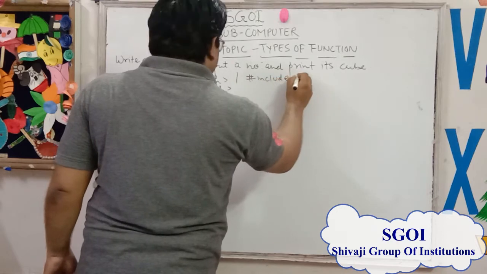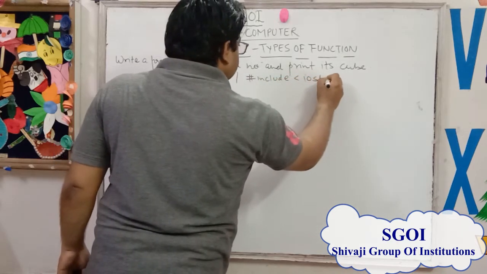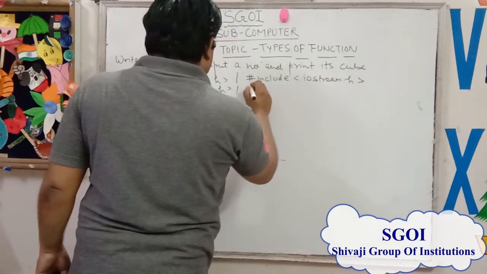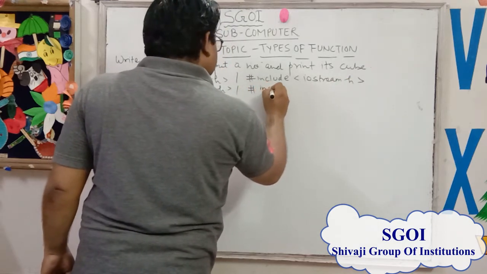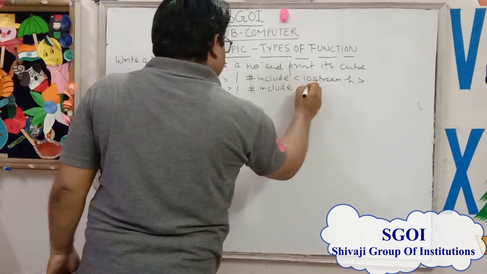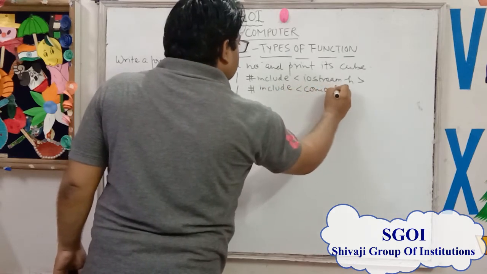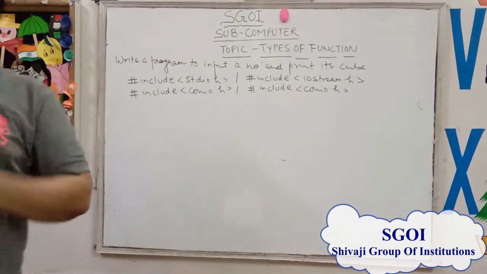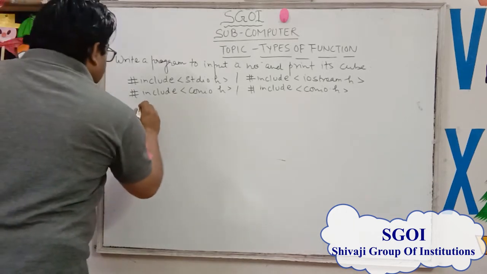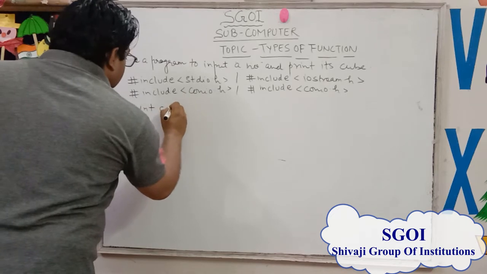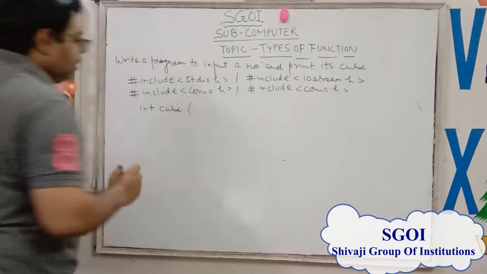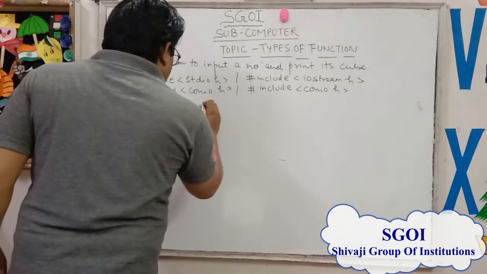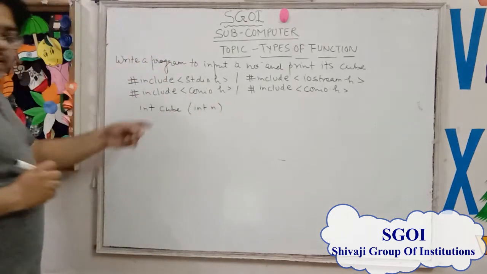If we want this program in C++, then we use iostream.h and conio.h. After that, firstly we write the function. The function name is cube and there is an argument, that is n.